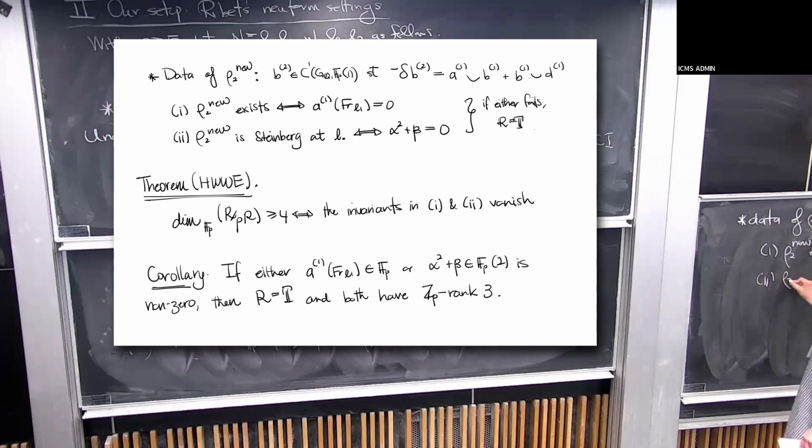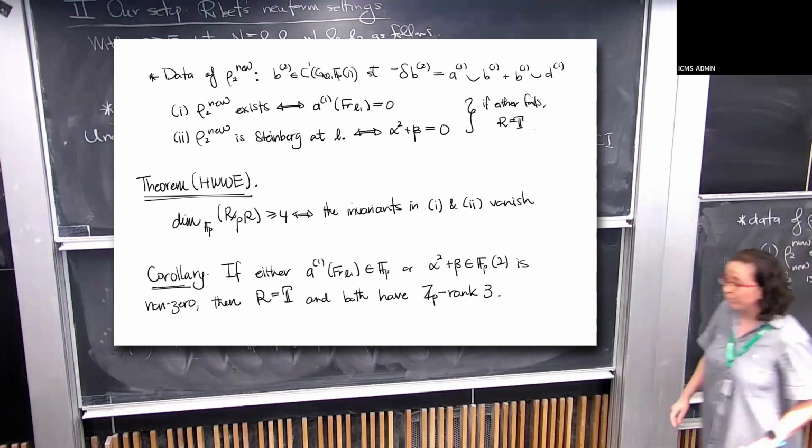And then we have to check that it will satisfy all the local conditions, but the one that's sticky is that it is Steinberg at L naught. And this will happen if and only if this weird invariant that we call alpha squared plus beta also vanishes. So we can think of this as a local condition at L naught.